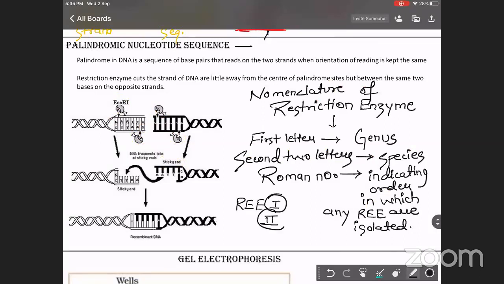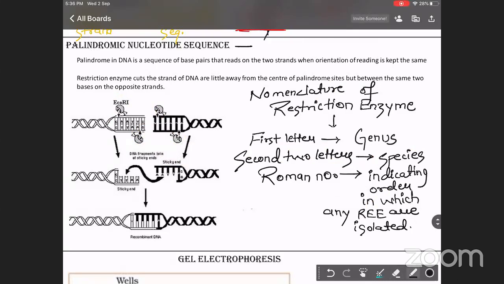These Roman numbers 1 and 2 represent the order in which they are isolated. If a particular enzyme is isolated first, the Roman number will be 1. The restriction enzyme that comes after that will be 2. So this is one type of nomenclature we use for restriction endonuclease enzymes.